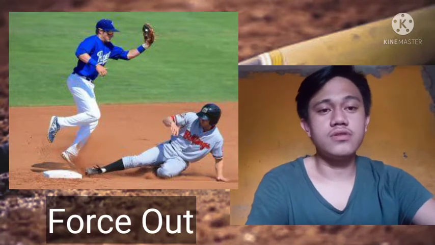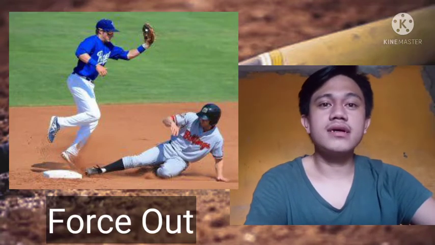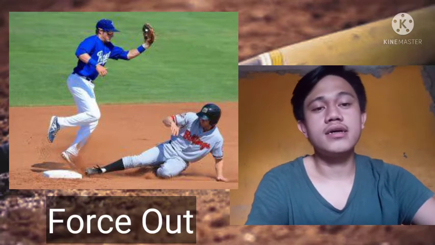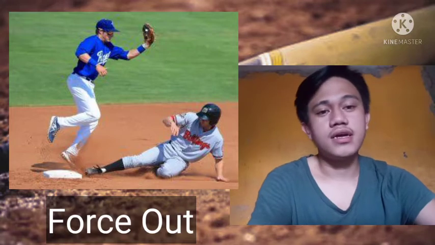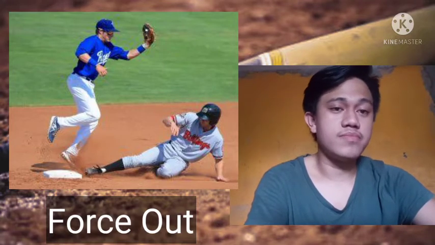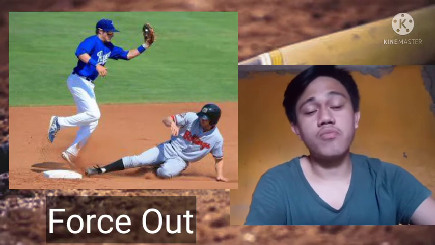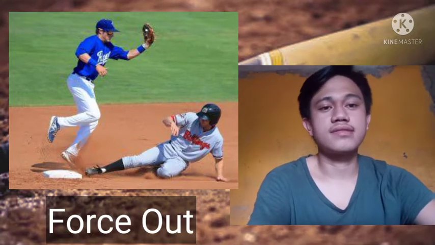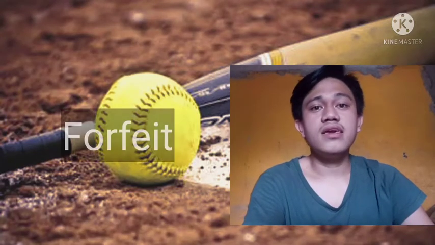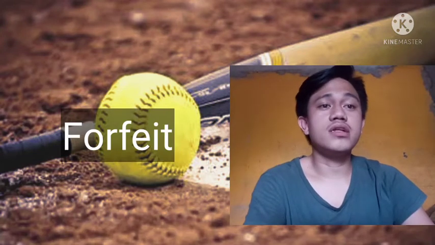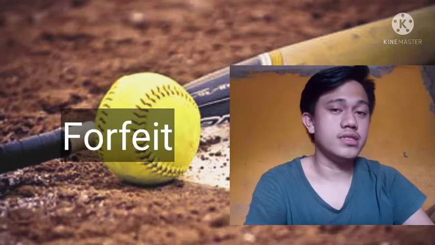Itong force out kasi, kapag natamaan ng ating batter yung bola, magiging siya batter runner at pupunta siya sa first base, at yung ating runner na isa ay mag-occupy na naman sa isang base. That's all. And section 36 is the forfeit. A forfeit is the act of the plate umpire ruling the game is over, declaring the non-offending team the winner.